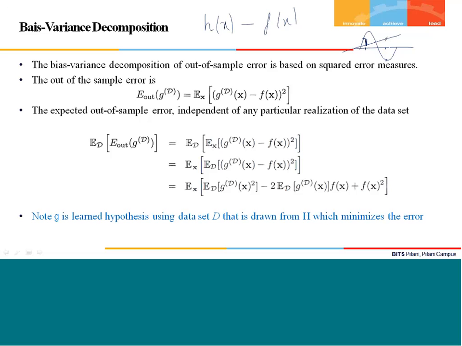So how much is this different? We were adding these errors, right? And we were taking the sum of these squares in linear regression or linear models. We learned that. So this was my hypothesis which I learned, and that was my true function. I was trying to quantify the error, how good my hypothesis was, by doing this sum of squared errors.